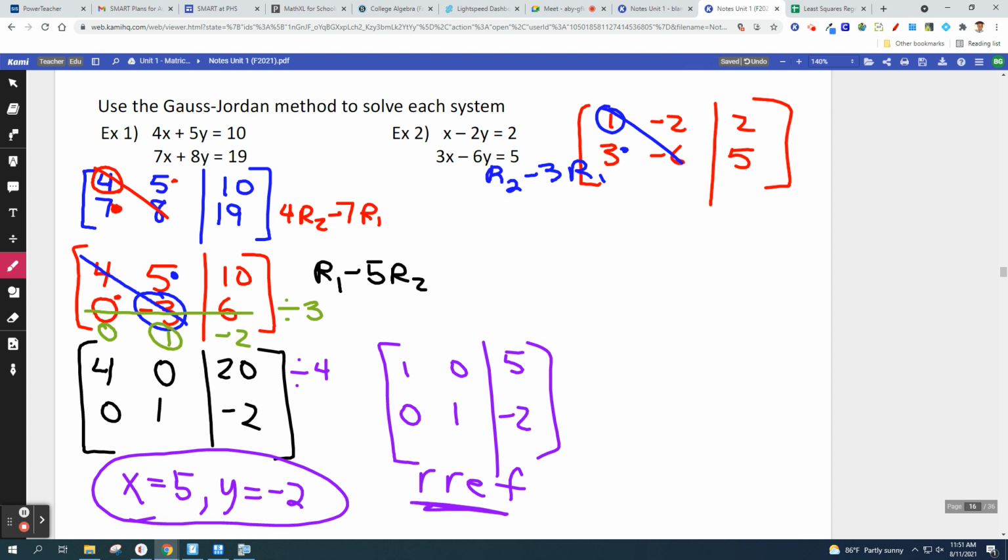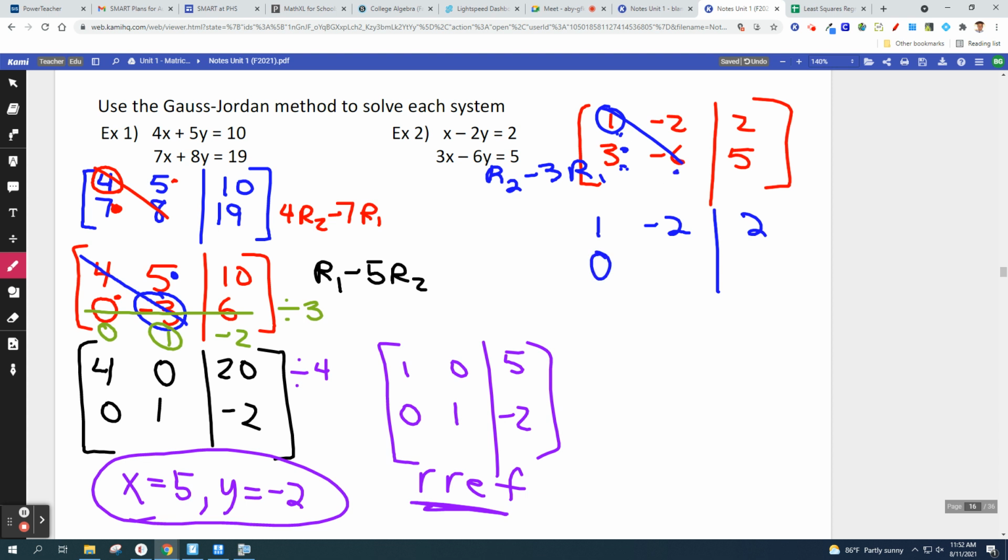That'll be 3 minus 3, that'll be 0. Leave the top row. The top row is fine: 1, -2, bar 2. But the bottom row I'm going to knock out according to this rule. So I've got row 2 minus 3 of these. That's 3 minus 3 ones, 0.